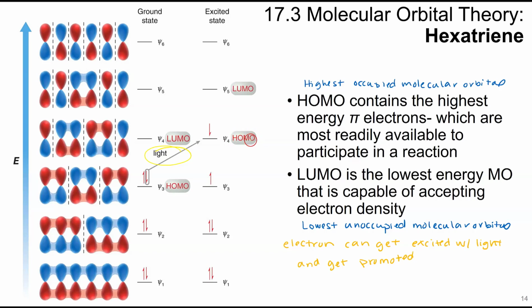The location of the HOMO has switched to the psi-4, and the LUMO has switched to psi-5. So the conjugated systems can react with light, they can absorb that photon, and then get excited, which changes the identity of where the HOMO and the LUMO are. So when this happens, these can perform photochemical reactions.